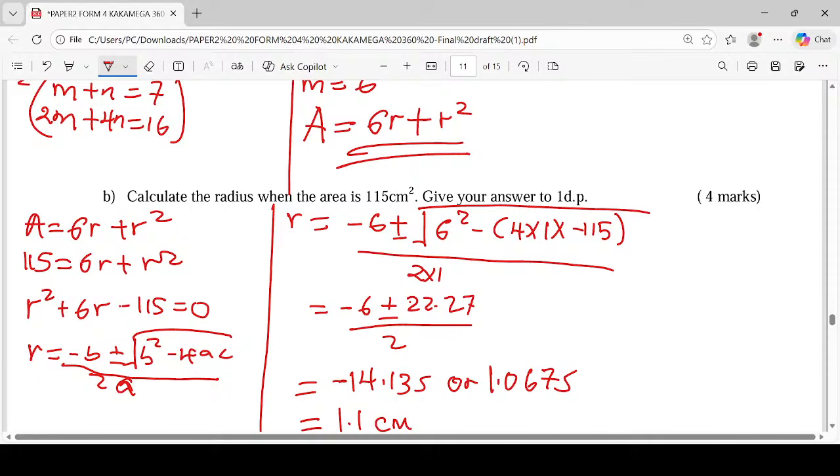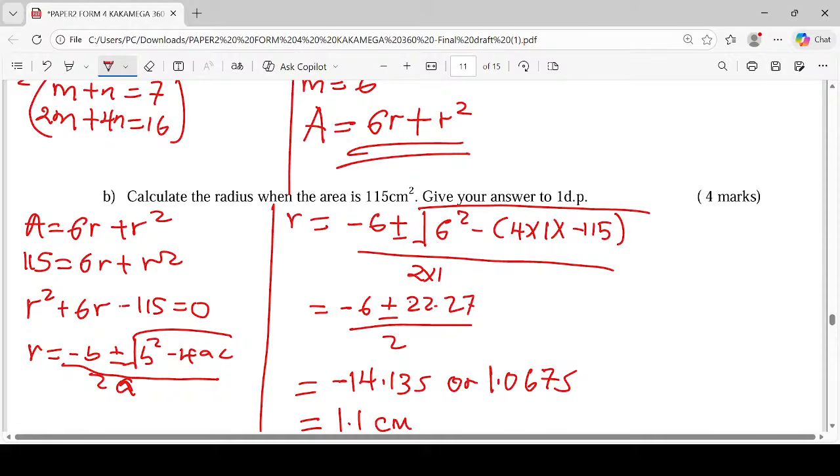I don't know, what am I not doing right? I had negative 6 minus that. Let me see once again. 4 times negative 115. Then that's 6 minus the answer, 496, then the square root of the answer, 22.27.